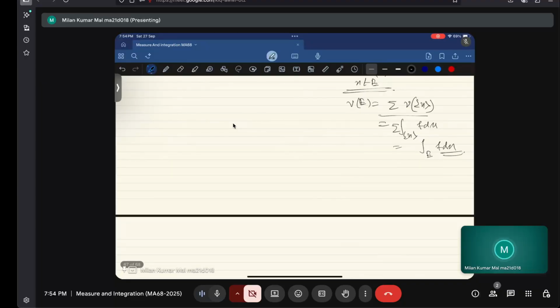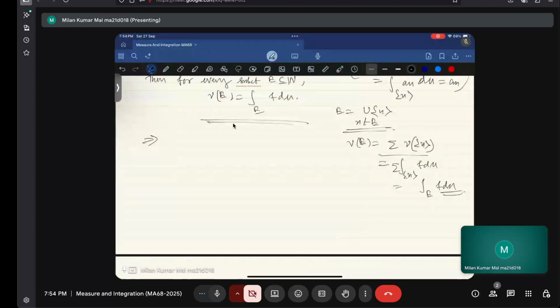So this gives the Radon-Nikodym derivative d nu by d mu equal to the function f. So what is the function f? It is the function defined on the set N that takes the value of whatever the measure nu takes. Okay, this is fine.